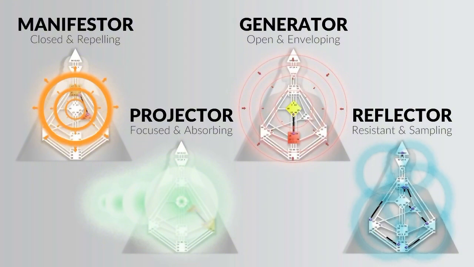After all, the strategy of a manifestor child, a strategy that must be imposed by its parents, is that they have to ask permission. Ask permission.